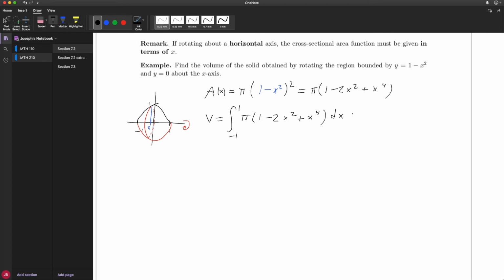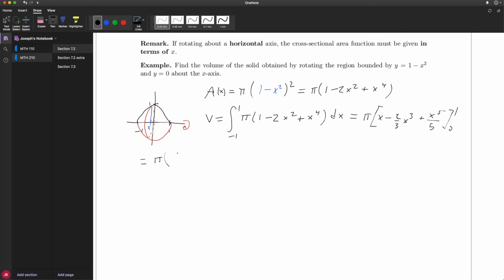So this is pi, and it looks like the antiderivative of 1 is x. Antiderivative of x squared will be x cubed over 3, but this 2 here comes along for the ride. And then we get x to the 5th over 5. All right, well, what that means is we plug in 1.